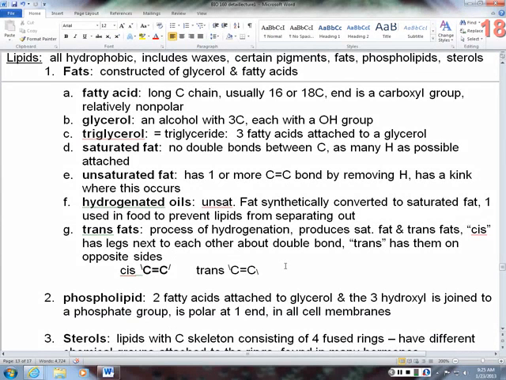So where we talked about cis, meaning the legs were next to each other, trans, they're across like that, it takes different enzymes to break those down. And it actually alters the cell membranes. They don't break down in the bloodstream the same.